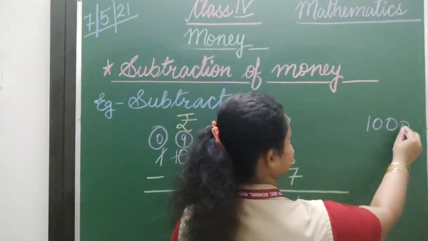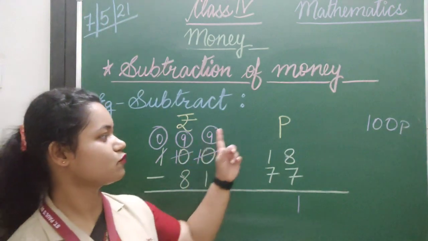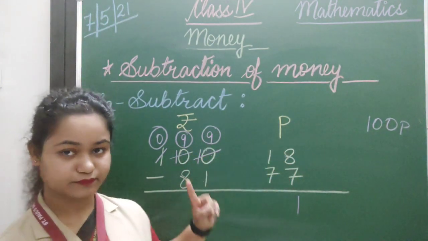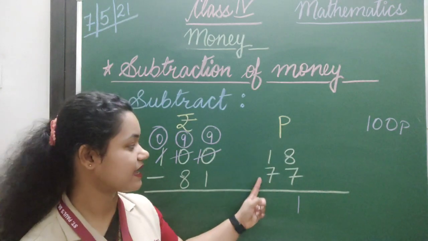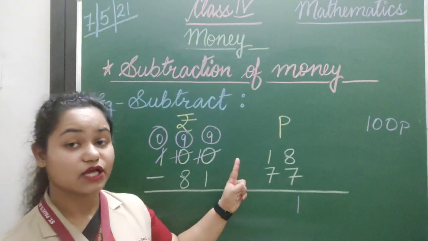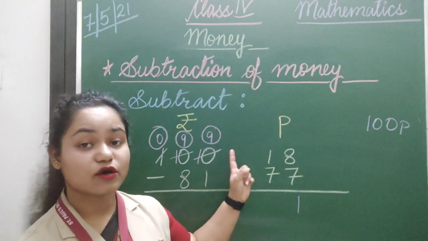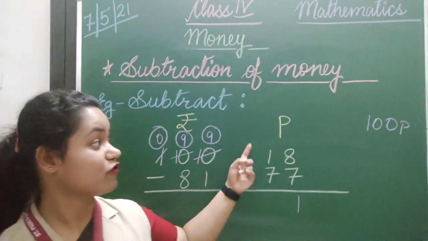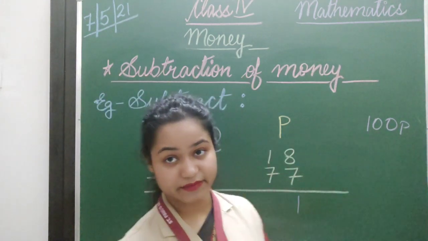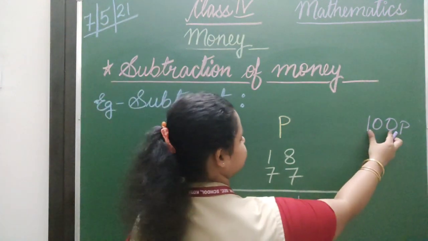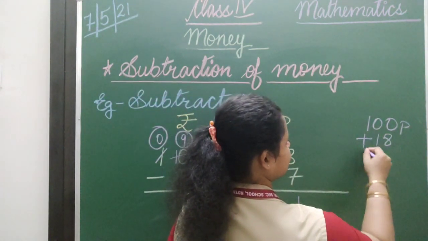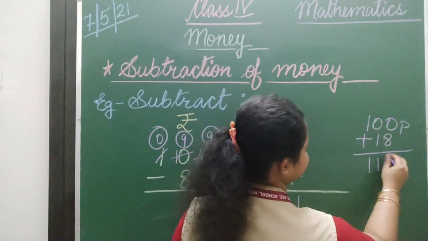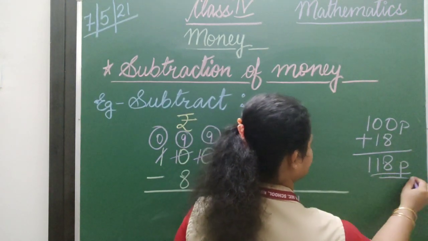From here we have taken 1, so that this can be subtracted. Now here not only 1 has come, the full 100 paisa has come. Now 100 paisa we can add to this 18, so this has become 118 paisa.